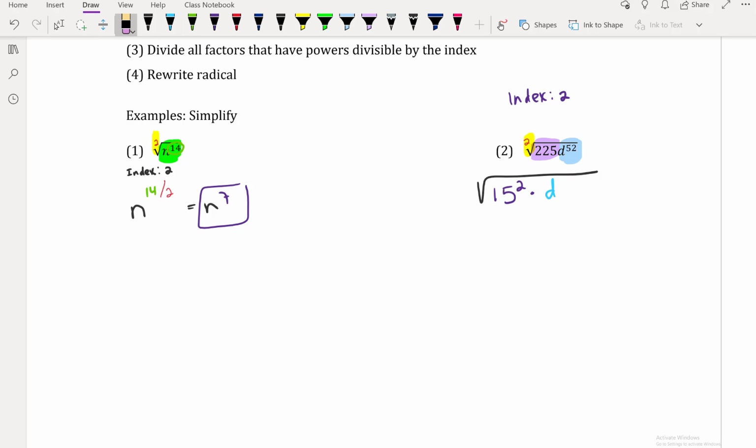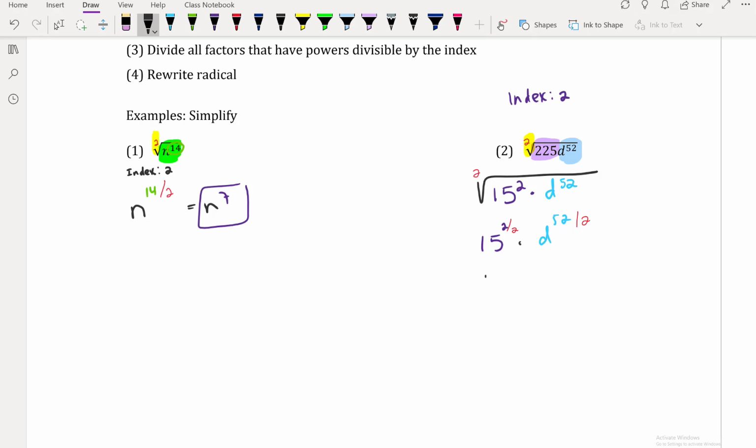Now I know that everything in the radicand can be divided by my index, okay? So I have my 15 squared, and it's going to be divided by the index of 2. I also have my D to the 52 power, and it's going to be divided by the index of 2. So now what ends up happening, well, what's 2 divided by 2?